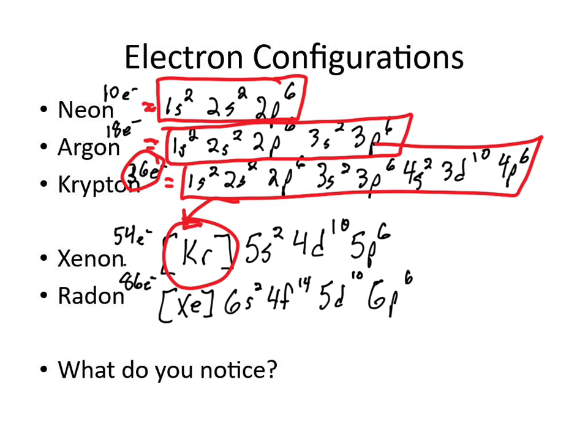Can you guys imagine a couple of days ago trying to do an electron configuration with 86 electrons? Oh man, do you guys see how much easier it is to use the noble gases as your milestone and then just continue on from there? I see how it's easier, but it's not going to be easier for me. Well, it is once we practice it.